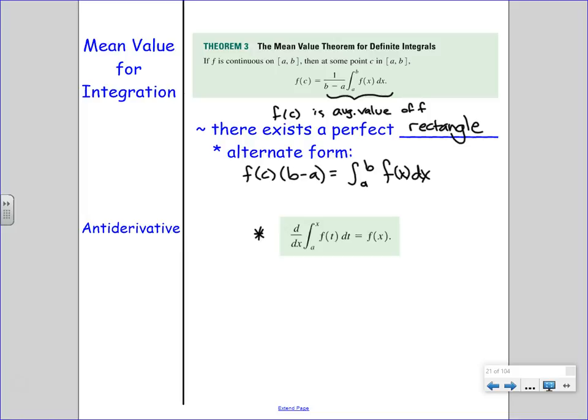However, if capital F is an antiderivative of little f, and people from last year, what letter do we usually call an antiderivative?